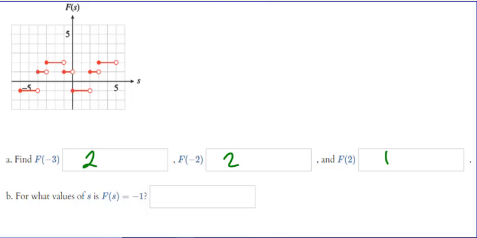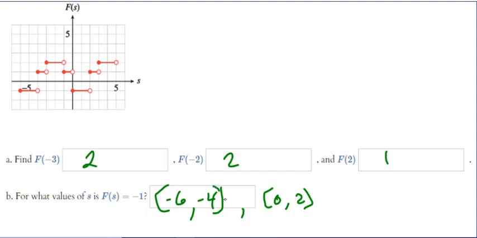For what value of x is f(x) equal to negative 1? So you look at this, and here's negative 1. So all of these points, let's think about this. The x values would be, for this one, bracket negative 6, comma, negative 4, close parentheses, comma, and then we'd pick up at bracket 0 to 2, parentheses, and then parentheses because that's an open dot, bracket because that's a closed dot.